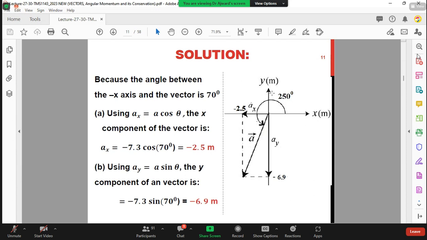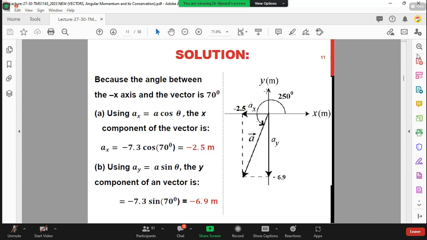So you see the angle here is 250. So your vector is in which quadrant? Third quadrant. But we are more interested in the small angle here. So what is the small angle? That is the angle between the negative x-axis and the vector.